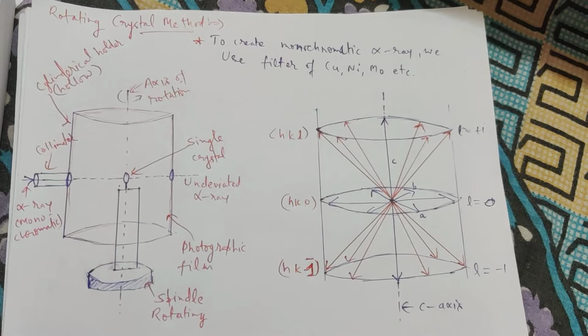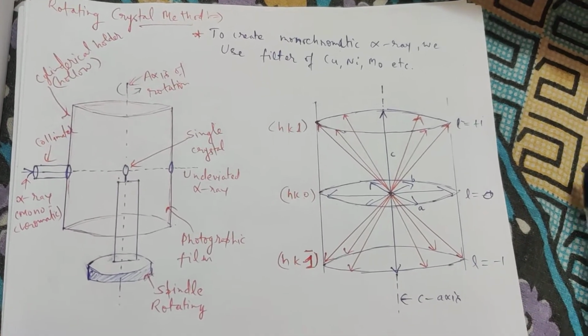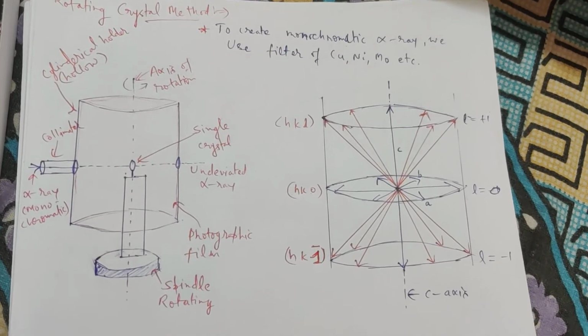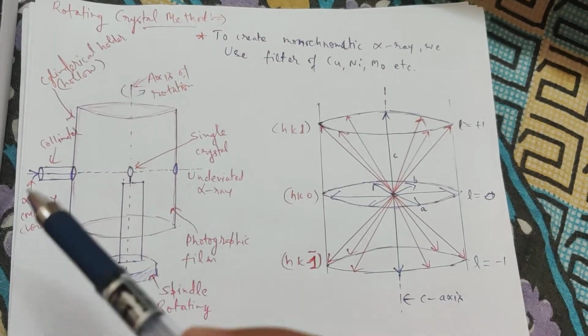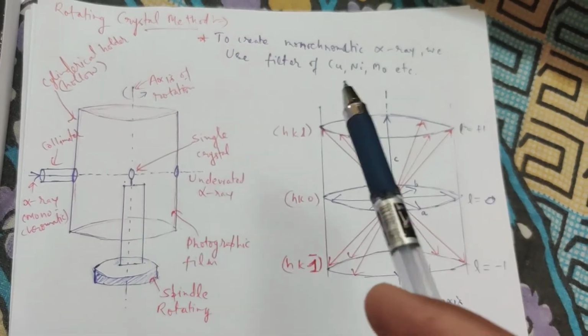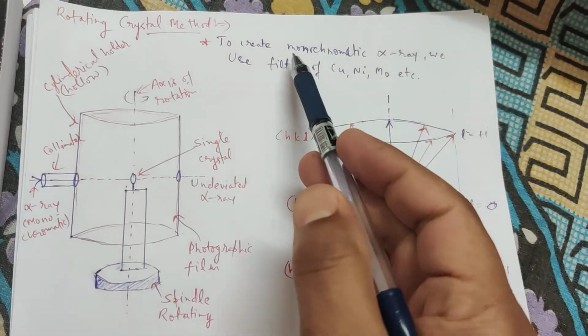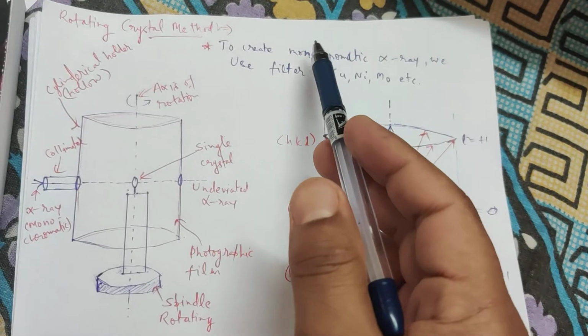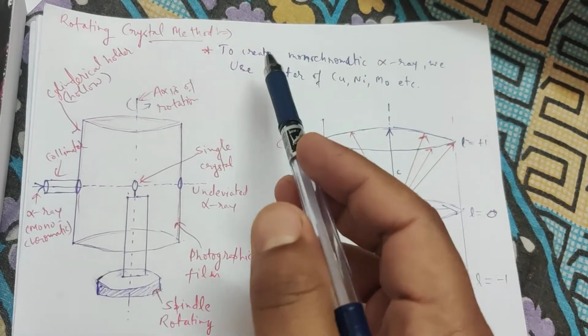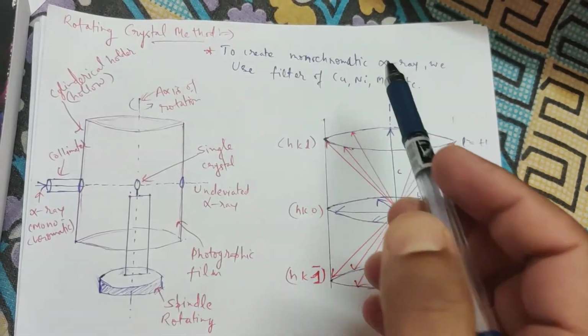In this method the wavelength of X-ray will be fixed, and it will be monochromatic. Monochromatic means that mono means single and chromatic means color. So we know that a color has a fixed wavelength, therefore it will be a fixed wavelength.